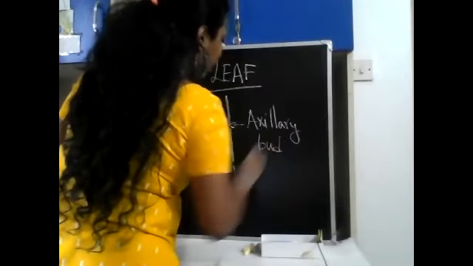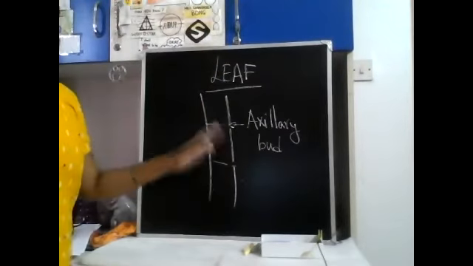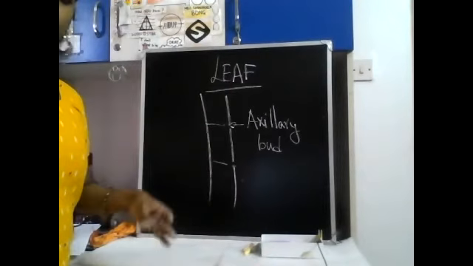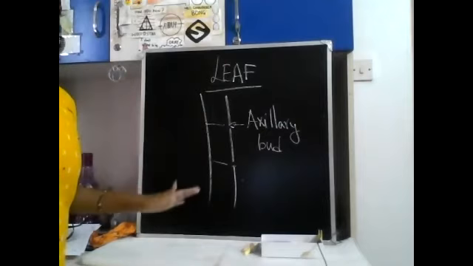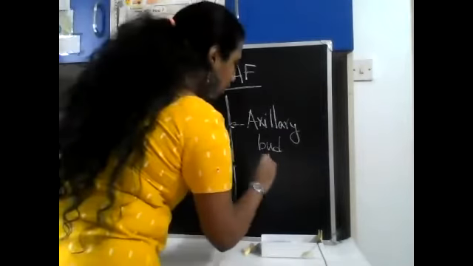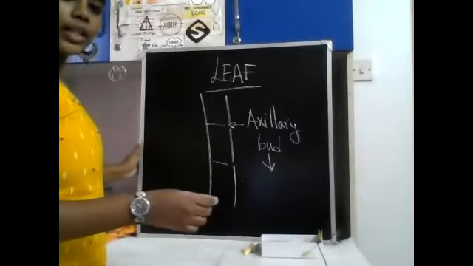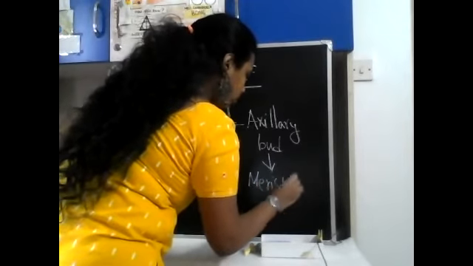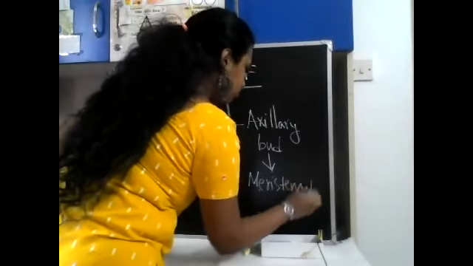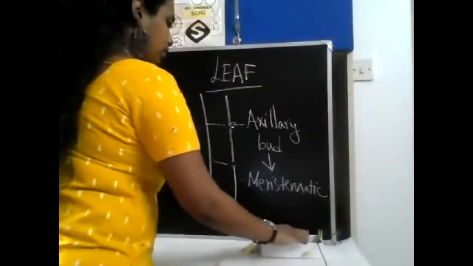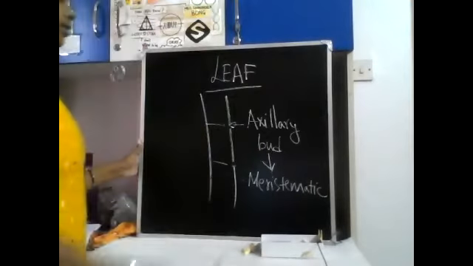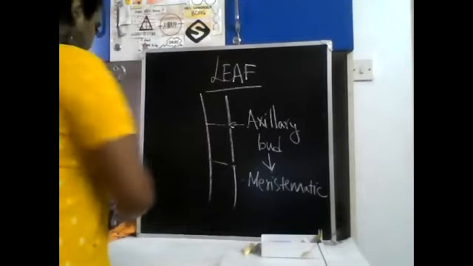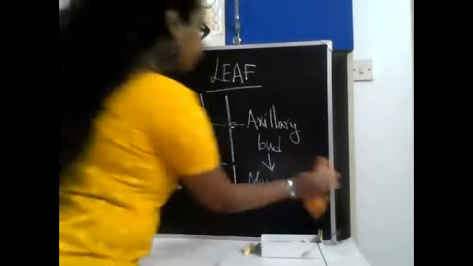The axillary bud is what develops into branches or leaves or flowers, fruits, everything. An axillary bud has the special growing cells, which are meristematic cells. So axillary bud is where the leaf originates from. So we finished that part of the story.